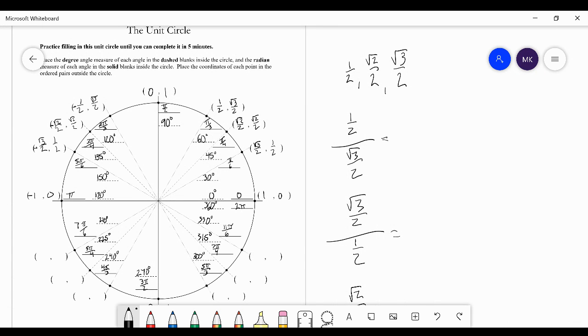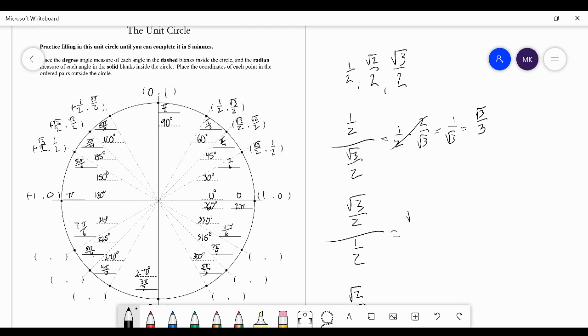Okay. With these first two, the easiest way to do it is to use the idea that dividing by a fraction is multiplying by the reciprocal. So 1/2 over √3/2 is really just 1/2 times 2 over √3. Our 2's cancel. I get 1 over √3, which simplifies or rationalizes by multiplying by √3 over √3 to be √3/3.